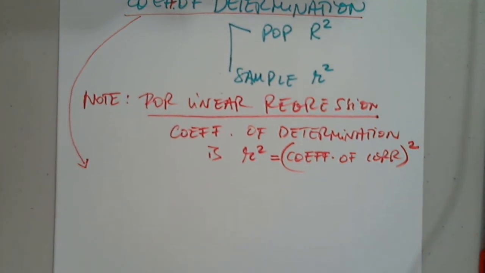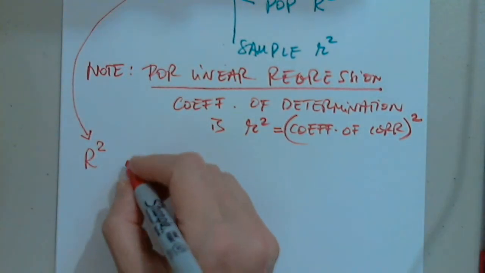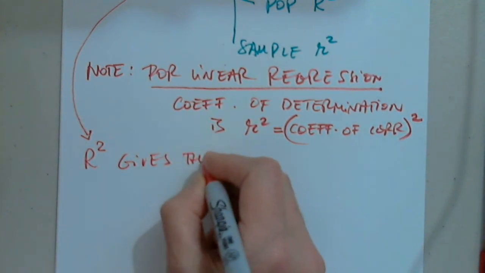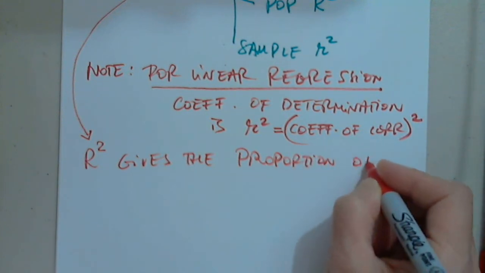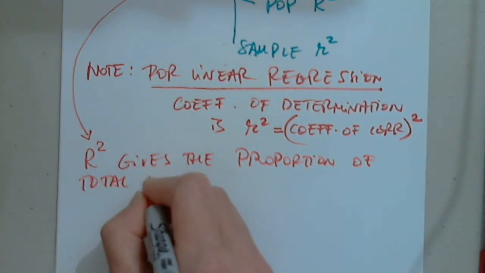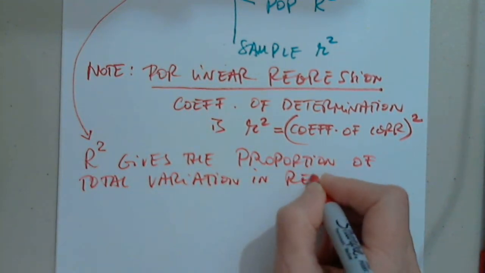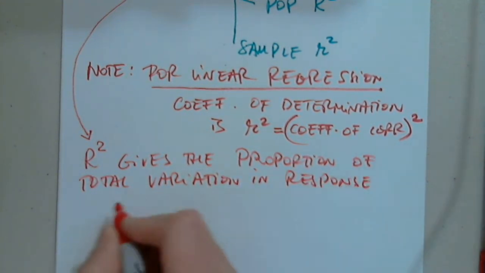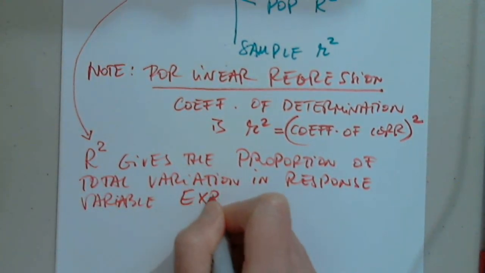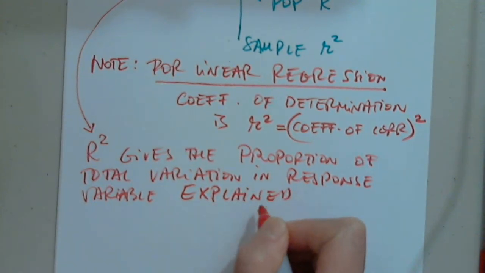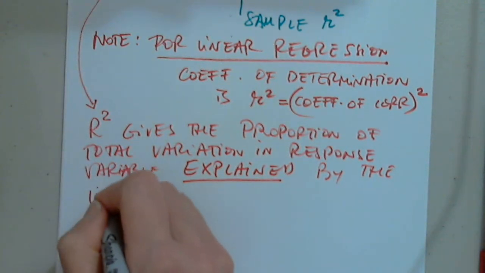Okay, finally, what is it? That's the most important part. So r squared gives the proportion of total variation in response variable explained by the linear regression line.